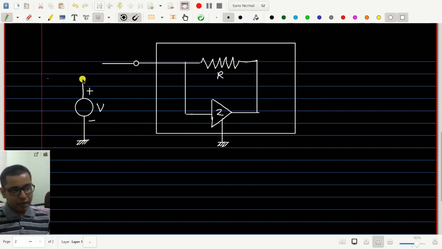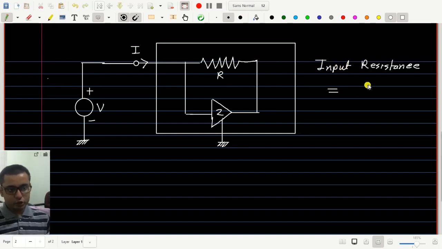We will apply the positive terminal of this voltage to the input of this black box, and then we will measure the current I that flows into this black box from left to right, and then the input resistance will be equal to the ratio of this voltage divided by this current measured in the direction from left to right.